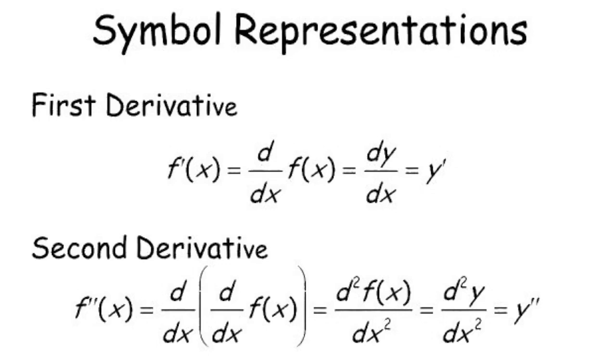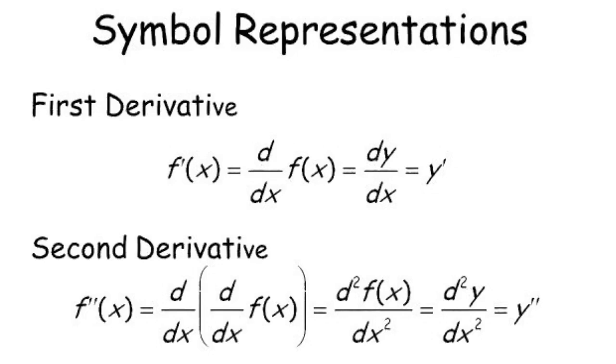Let's see the symbolic representations. When we find the derivative of any function, it comes under first derivative. So we denote it like f dash x, or derivative of f of x, or derivative of y, or y dash. Now when we differentiate the first derivative again, we come to the second derivative.